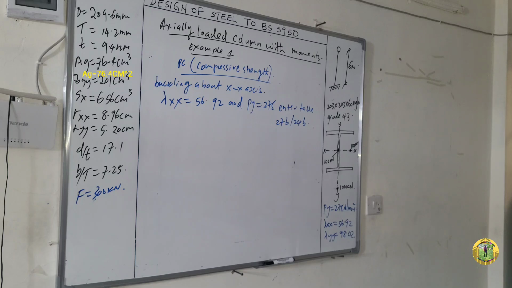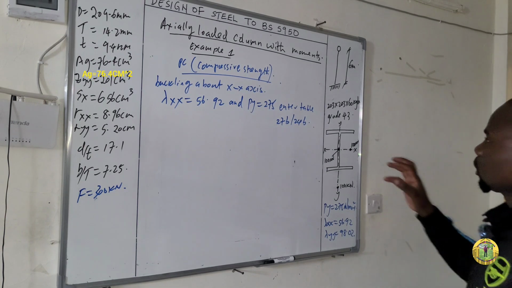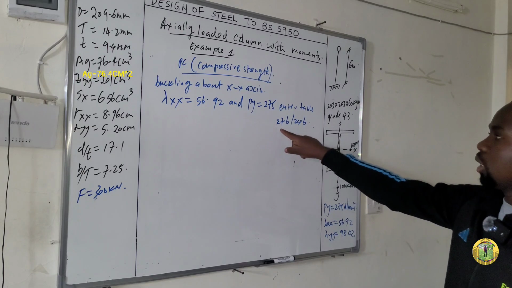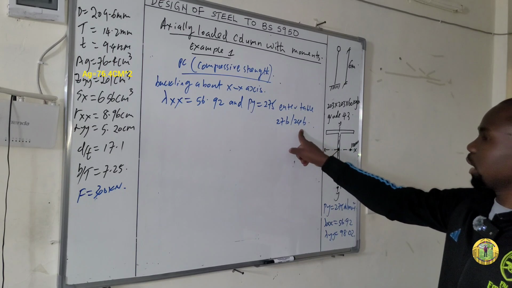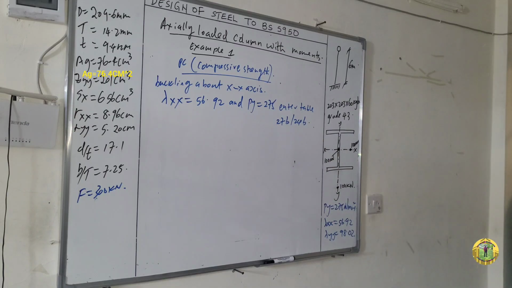Let me show you the table. Before I show you, maybe someone is asking himself or herself, what is guiding me to go to table 27B or 24B? We also have 27C or 24C. So what is guiding me is this table.